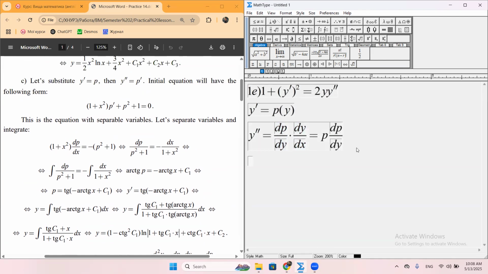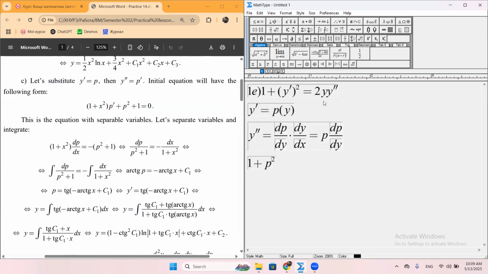So now we have the following equation: 1 plus p squared. But why by dy, but not dx? Here we use p as a function that depends on y. When we have all orders of derivatives, we use such a substitution.